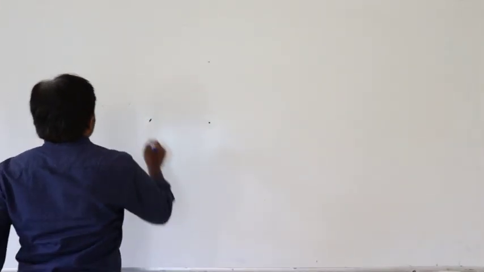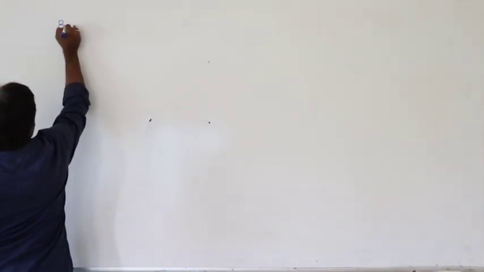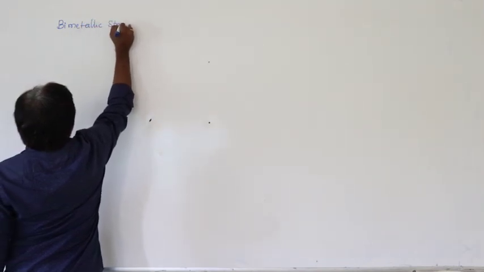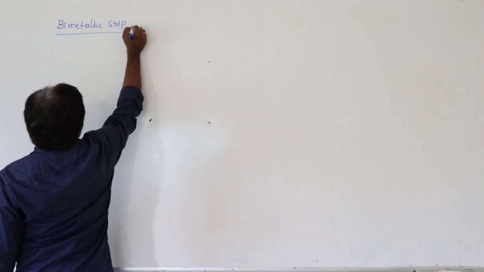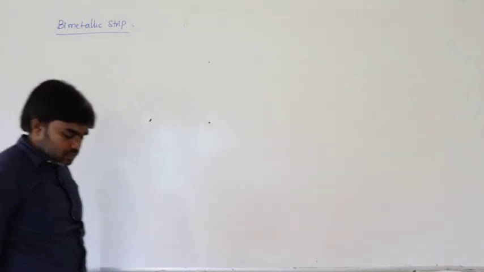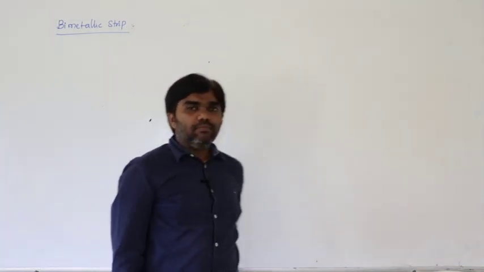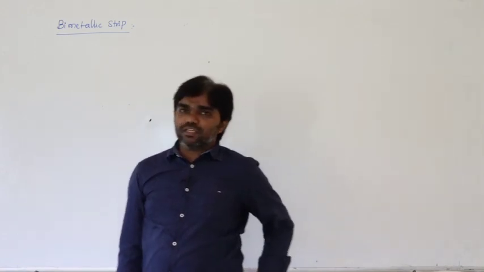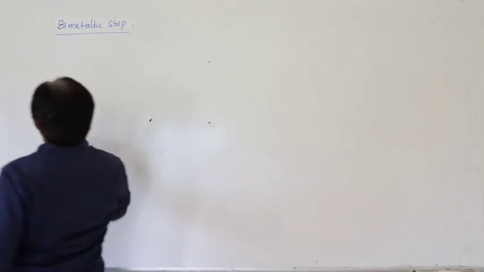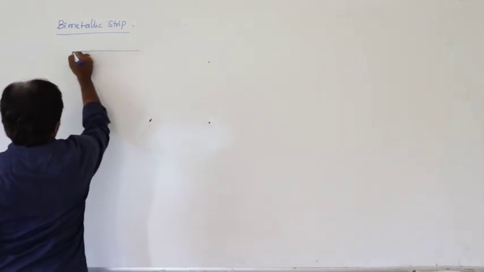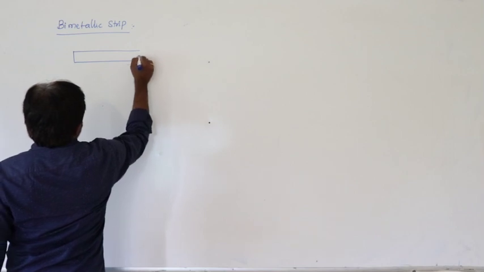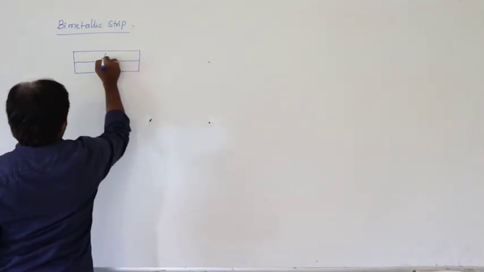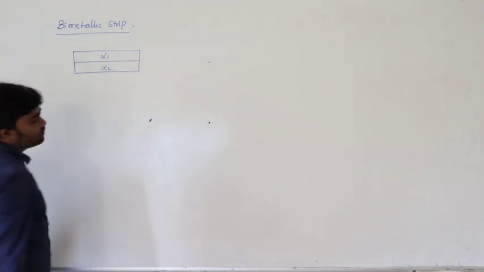Next concept, it is the bimetallic strip. How can you define this bimetallic strip? Here, two metals, alpha 1 and alpha 2.